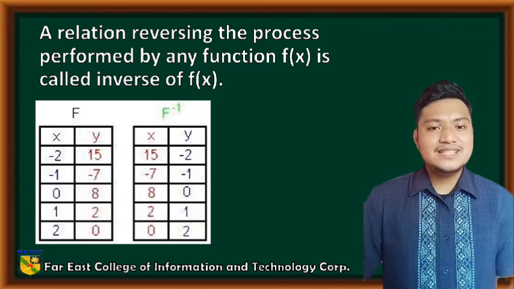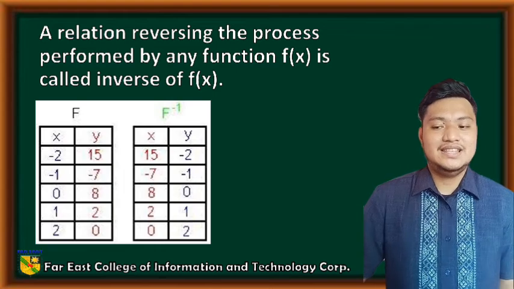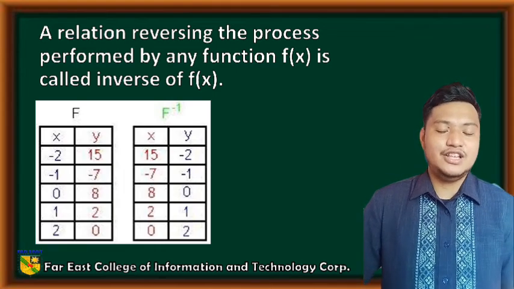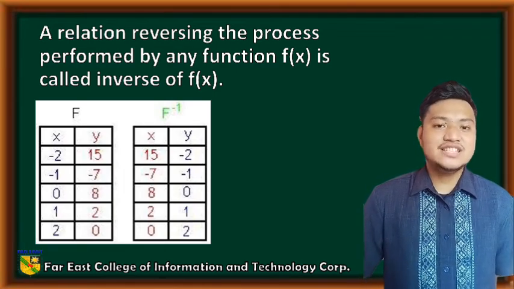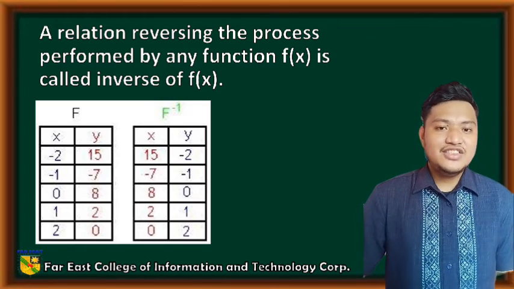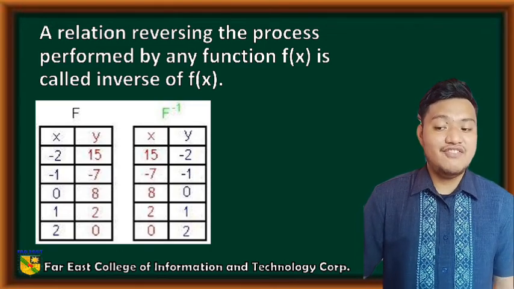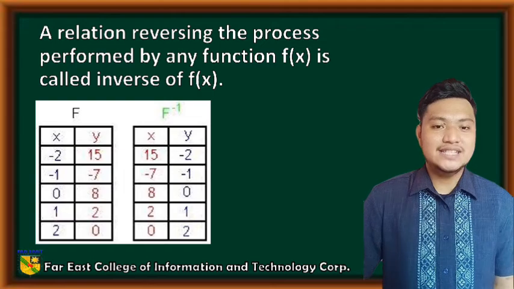In the first table, on the left side, are the values of x and the values of y. The values of x are negative 2, negative 1, 0, 1, and 2. The values of y are 15, negative 7, 8, 2, and 0.